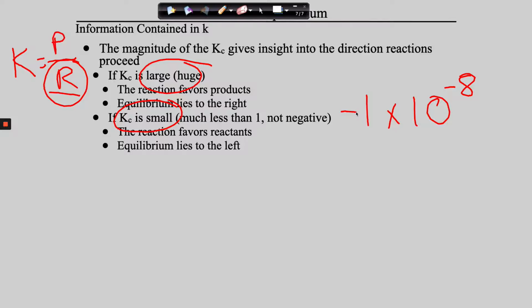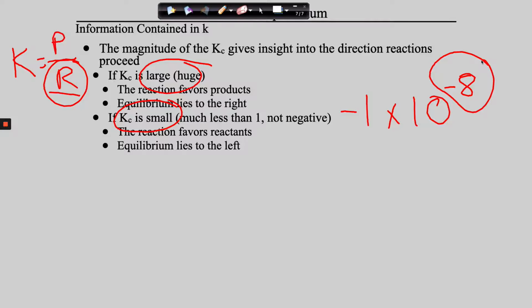Can't have negative concentrations, right? You can't have less than none. So Kc values are always positive, but they can also be very small. I know you know this, but just to be sure, negative exponents don't mean negative numbers. Negative exponents just mean less than 1, but bigger than 0. Does that sit okay? Okay.